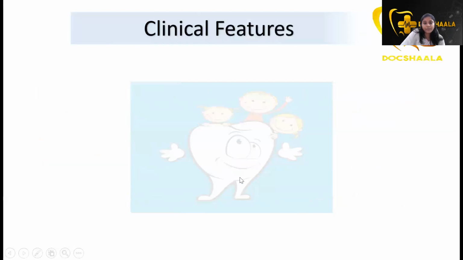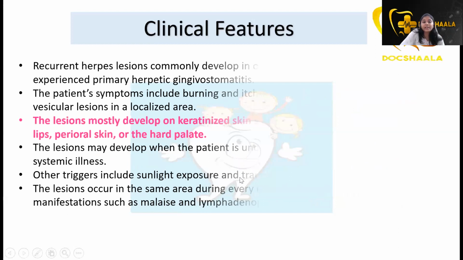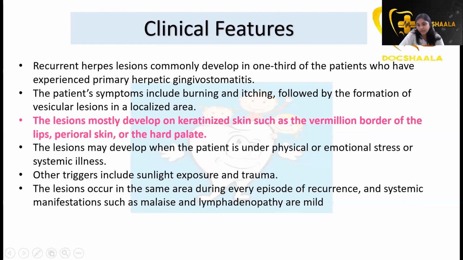Okay. Then recurrent lesions develop in one-third of the patients. The patient's symptoms include burning and itching, followed by formation of vesicular lesions in a localized area. The lesions may develop on keratinized skin, such as vermilion borders of the lips, perioral skin, or the hard palate. Okay, lesions may develop when the patient is under physical or emotional stress or systemic illness.